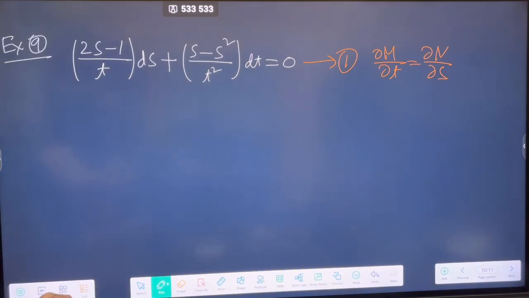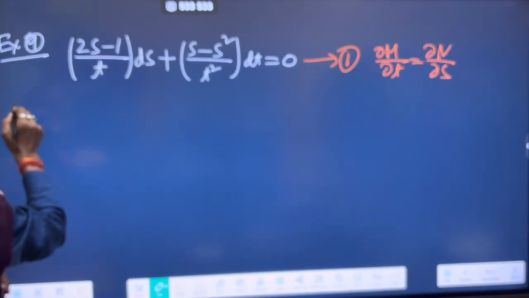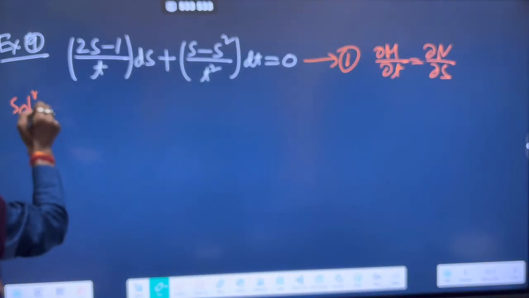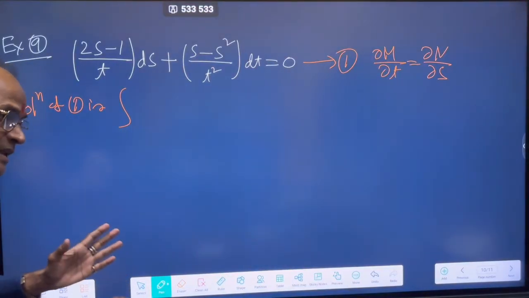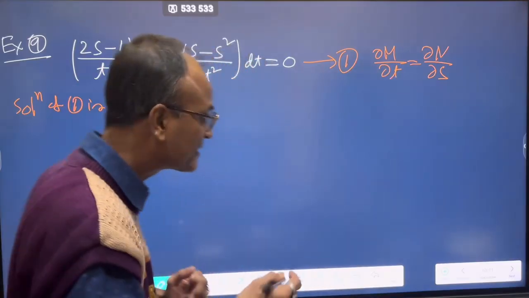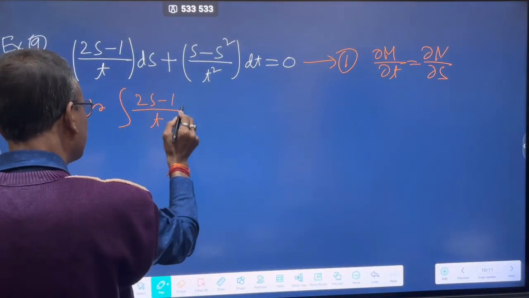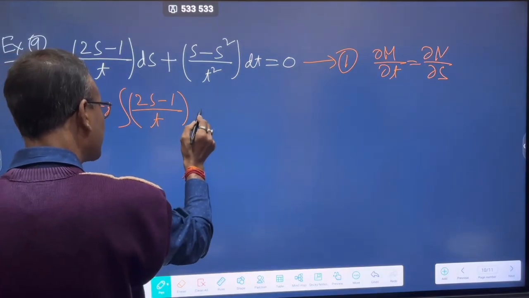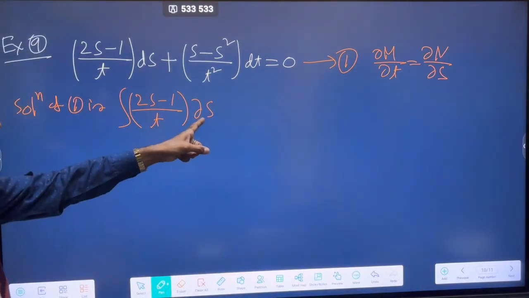Since it is exact, therefore the solution of 1 is integral m ds treating t as constant, meaning integral of (2s minus 1) divided by t ds, treating t as constant.